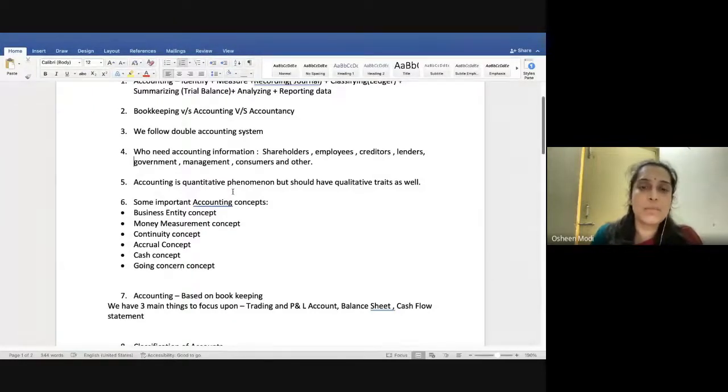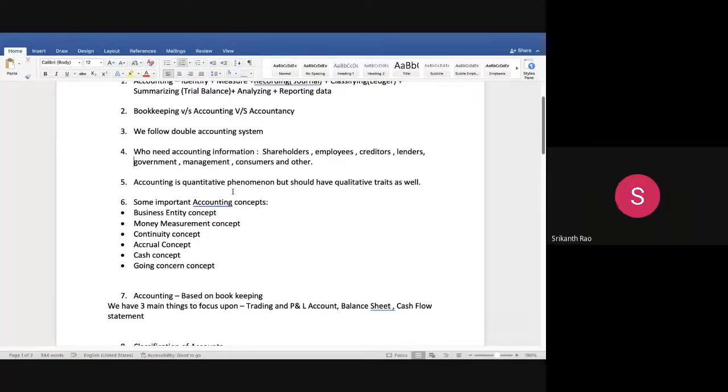Can somebody tell me why would a consumer be interested in the accounting information at all? एक कंज्यूमर क्यों इंटरेस्टेड होगा अकाउंटिंग इंफॉर्मेशन के लिए? Good afternoon, ma'am.